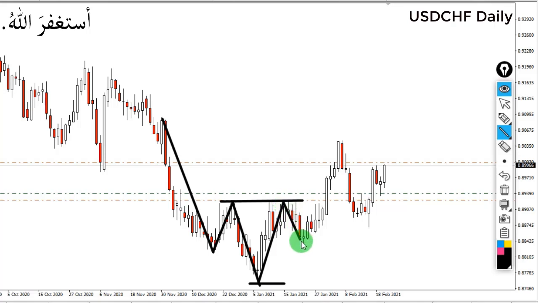Market created a higher low and broke over the decision point. So we have a confirmation of a new uptrend here. We got a new higher high here. I was waiting for the market to pull back to the same level, so I could buy this market from this level.